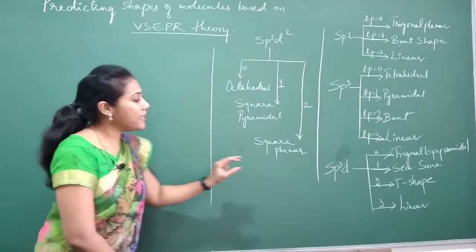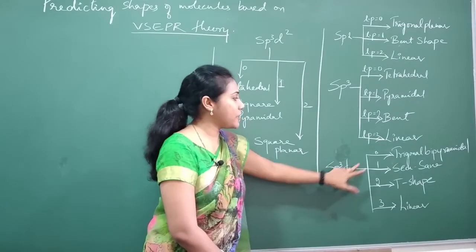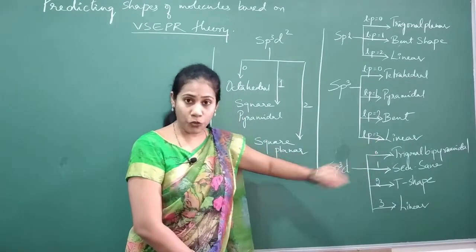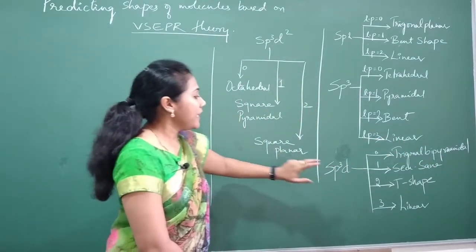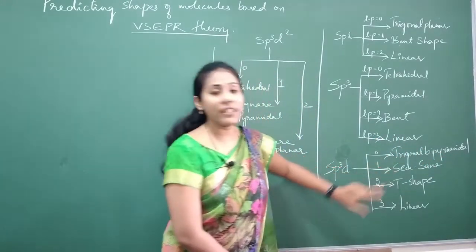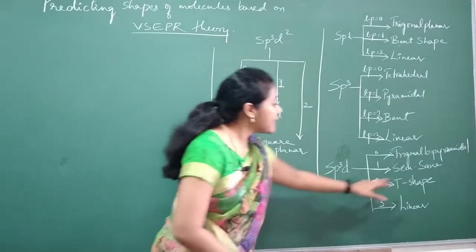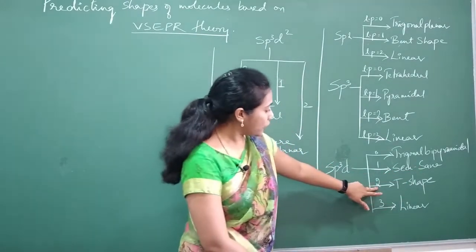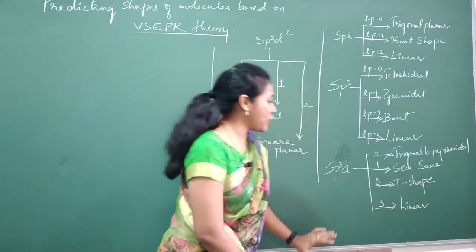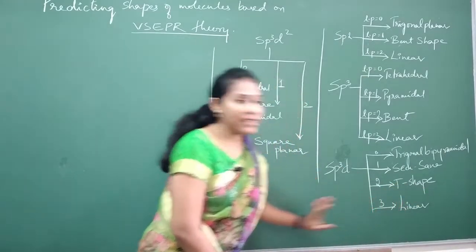Similarly, sp3d hybridization with 0 lone pairs, the shape is trigonal bipyramidal. sp3d hybridization with 1 lone pair, the shape is seesaw. sp3d hybridization with 2 lone pairs, the shape is T shape. With 3 lone pairs, it's linear.